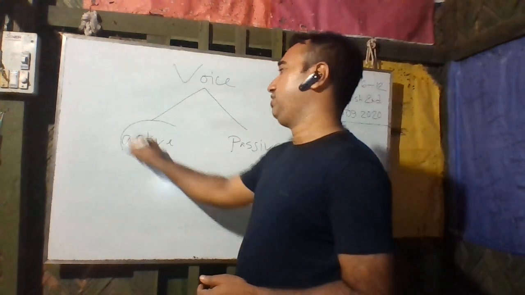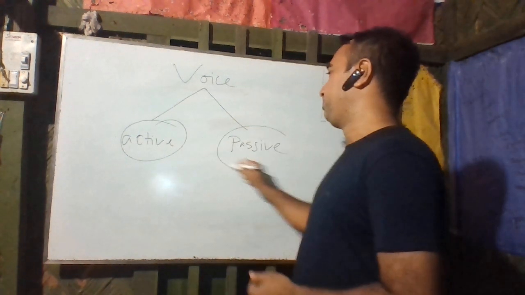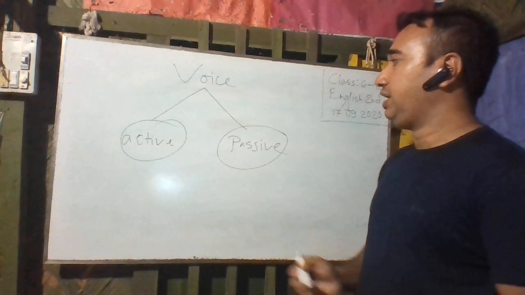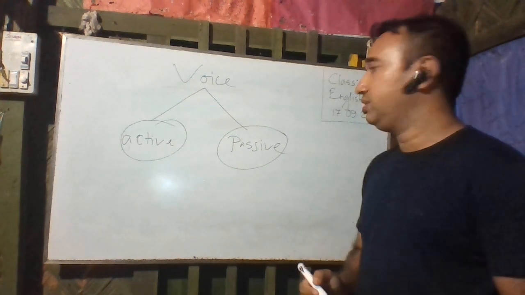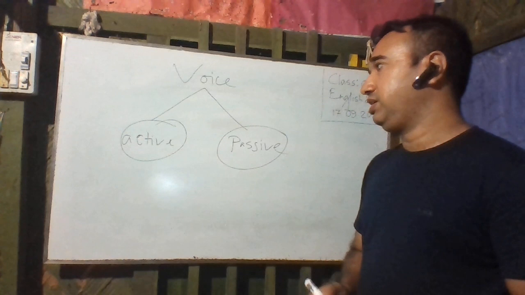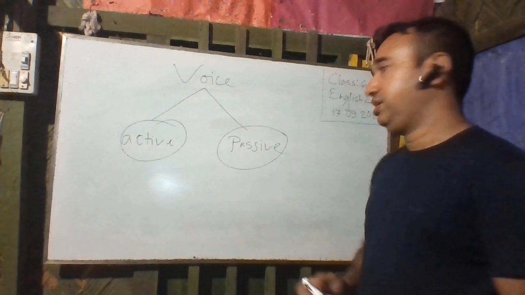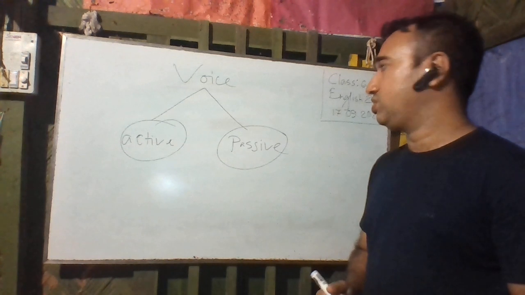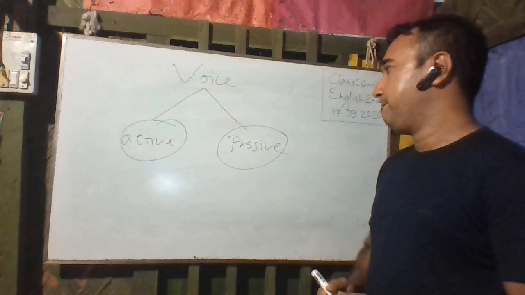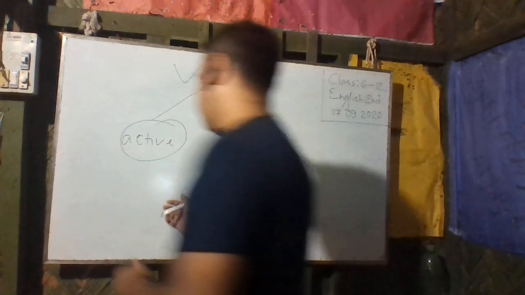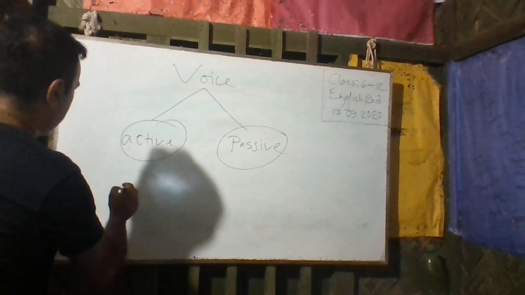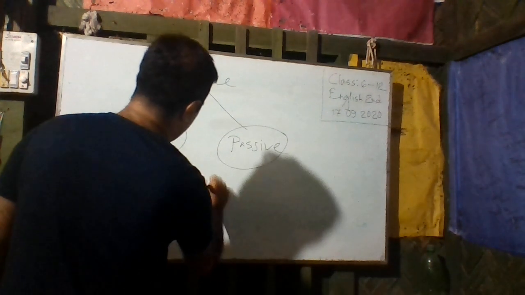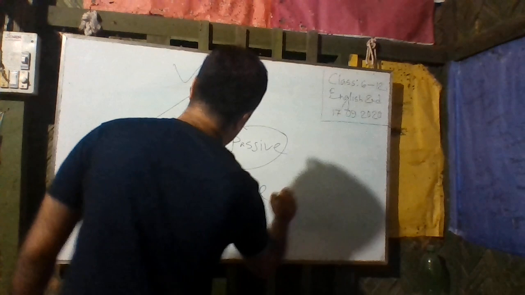Now, what is active voice and what is passive? In a sentence, if the subject performs its action, then we call it active voice. If the subject itself does its action, then it is called active voice. For example, notice: we eat rice.